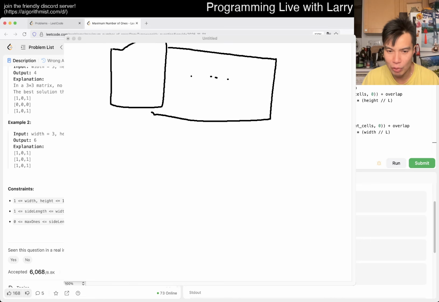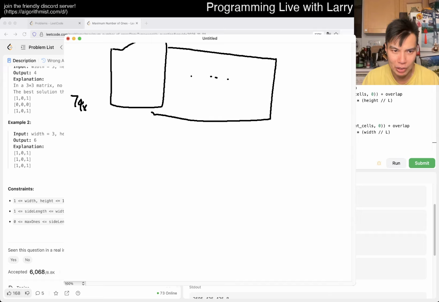So for this one we have 74 by 52. So that means that we have, which one is first? Oh, width is 74. So that means that we have length of 4 here, and then length of 2 here, right?